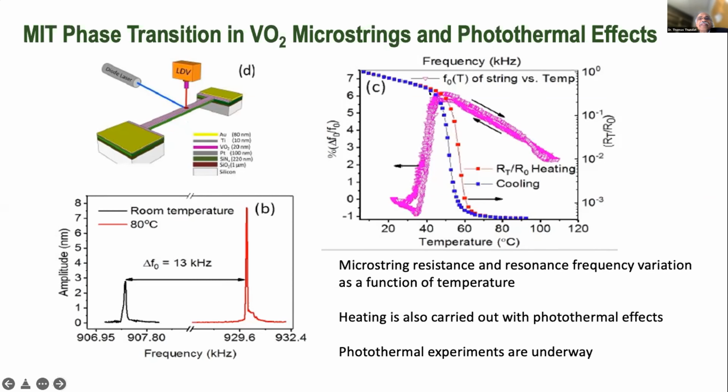As shown here, this is the temperature, and this is the electrical resistance. That shows a very sharp decline at the phase transition, the metal to insulator or insulator to metal transition. And this is the resonance frequency of the device, the wire, which is taken with a laser Doppler vibrometer. And that also shows a curve like this.